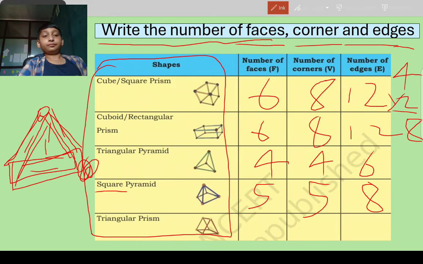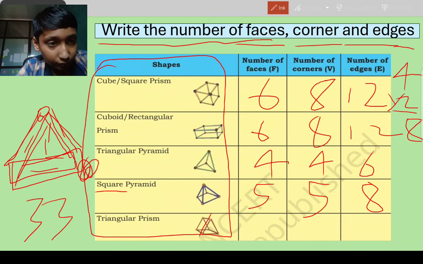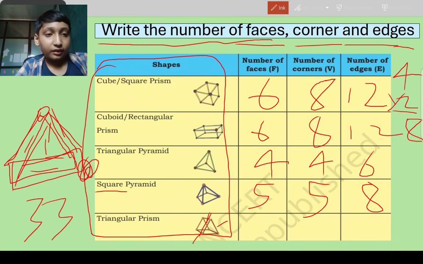The triangular prism. This is hard. Firstly, how many corners are there? 3, of course. Then we have to add another 3. Look, firstly there are these sticks, and then there are these triangles.